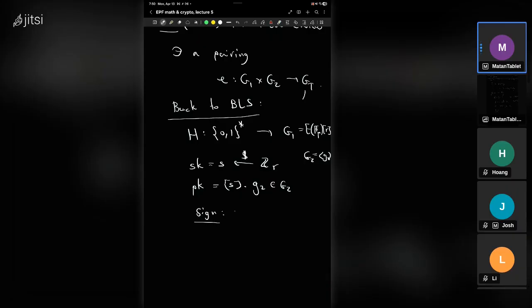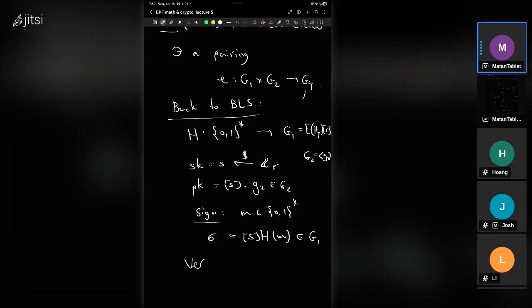The way I sign on a message is by computing sigma to be s times H(m). And this, of course, is an element in G1.